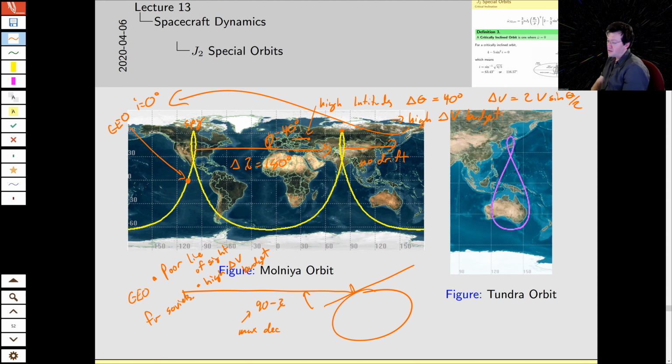Well, it's the Soviet Union, and so you can spy over there and report over here. So very convenient repeating ground track for the Molniya orbits.